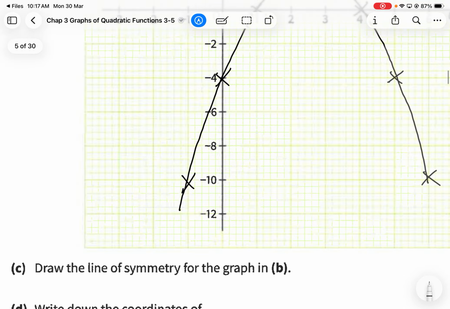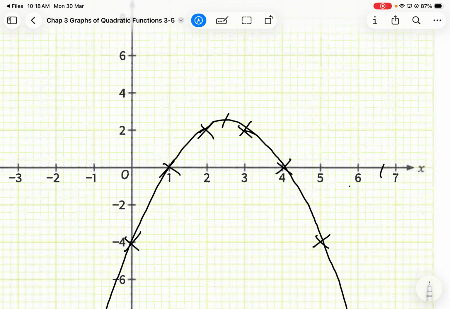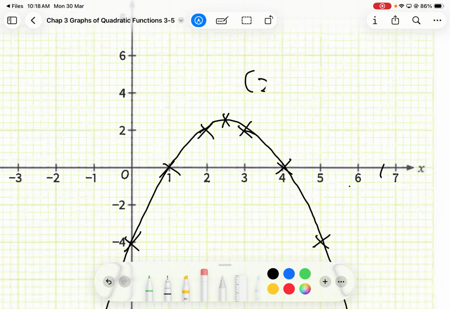So your maximum only happens when you have a set face. When I have a set face, the maximum is here, right at the middle between 2 and 3. Okay, this point is my maximum. This point over here. And where is this maximum point? It definitely is in between 2 and 3. So my x coordinate is 2.5.